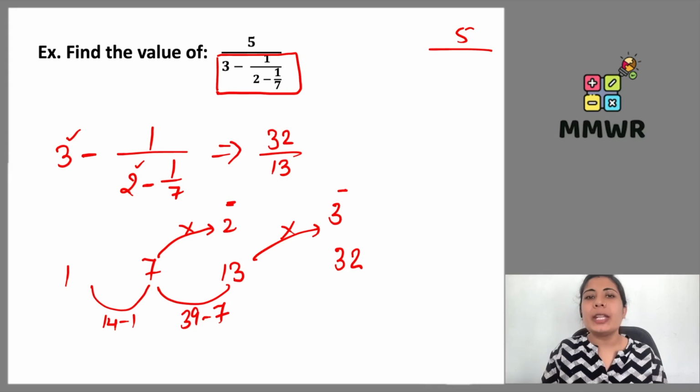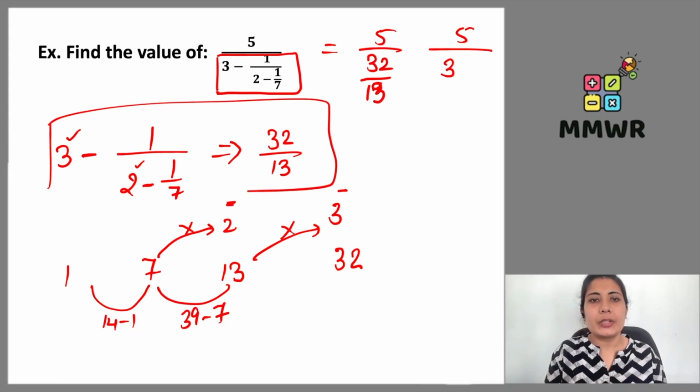But this is coming into the denominator of 5, right? So 5 can be written as 5 upon 32 upon 13.